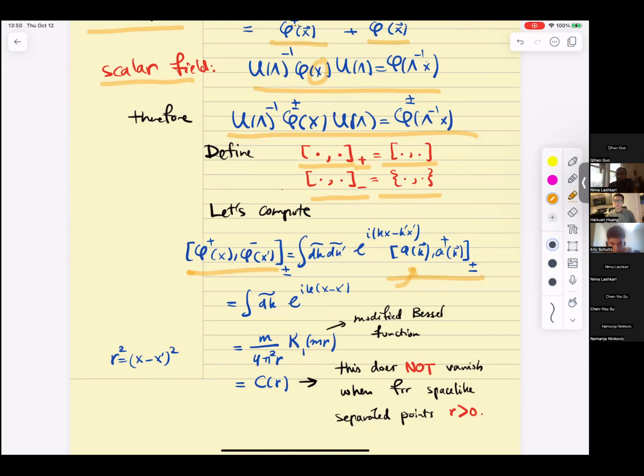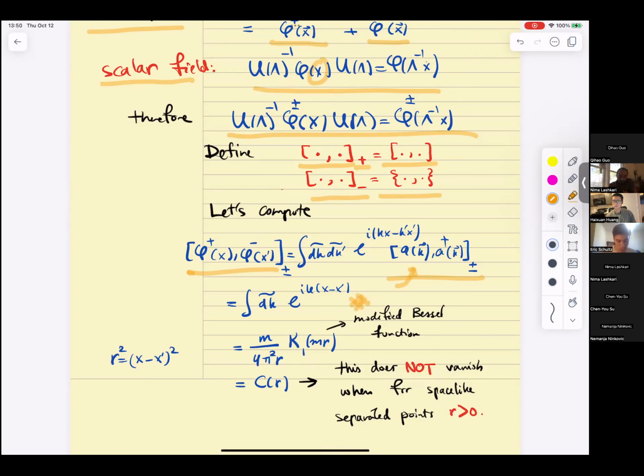Scenario number one is when they satisfy canonical commutation relations, so the plus is 1. The second scenario is when they're fermionic, the minus is 1. I'm just going to continue this way.